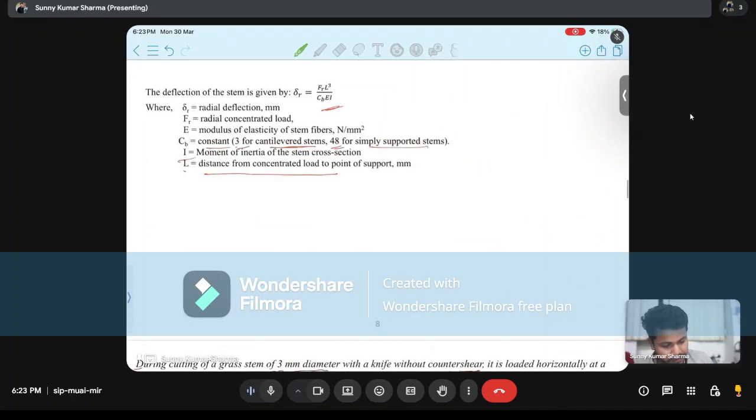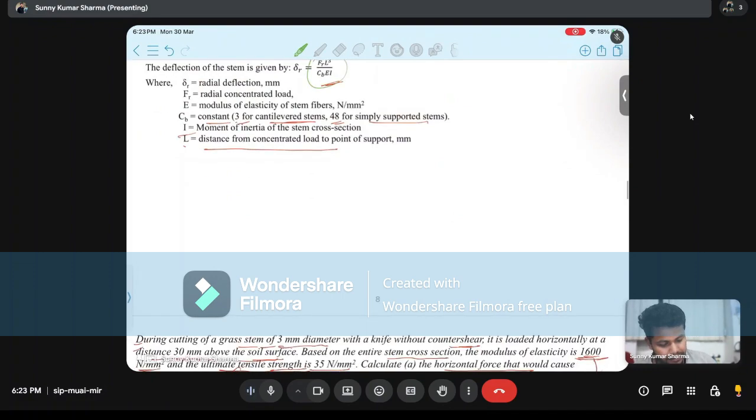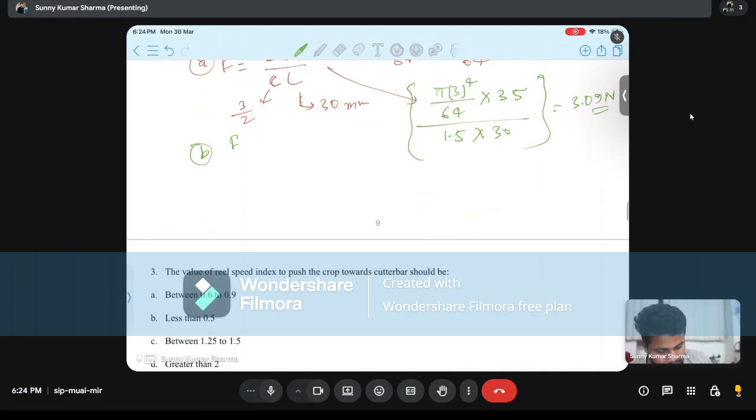Next part is the horizontal deflection of the stem. So horizontal deflection of the stem is given by F L cubed by C p E I. So this force is 3.09.